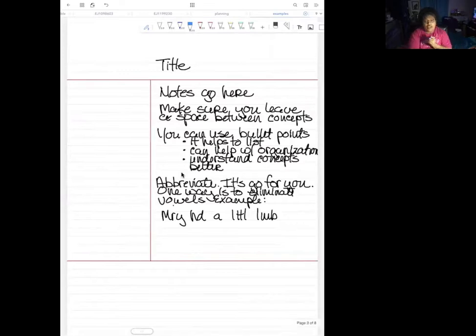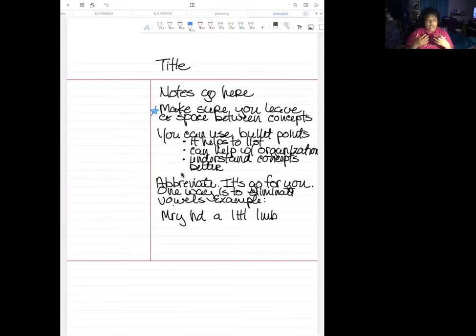So after the title is kind of like the big money maker, the notes section. And in the notes section, you actually are going to take notes. There are a couple of ways you can take notes here. You can just take the gist of things and make sure that you leave a space between concepts.